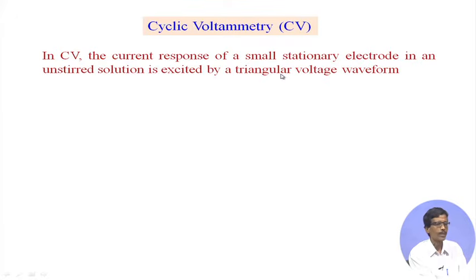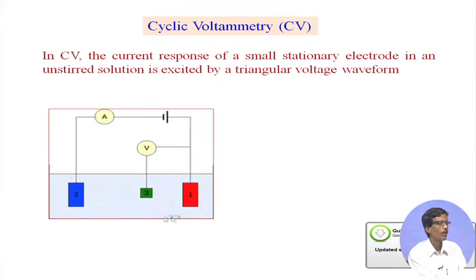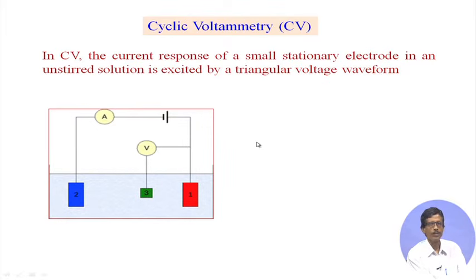As we have discussed already, we categorize it as a triangular voltage waveform. So, the triangular waveform is required, and this is the connection we have. We have electrode 1, electrode 2 and electrode 3. That gives rise to the corresponding 3 electrode system for cyclic voltammetric measurement.